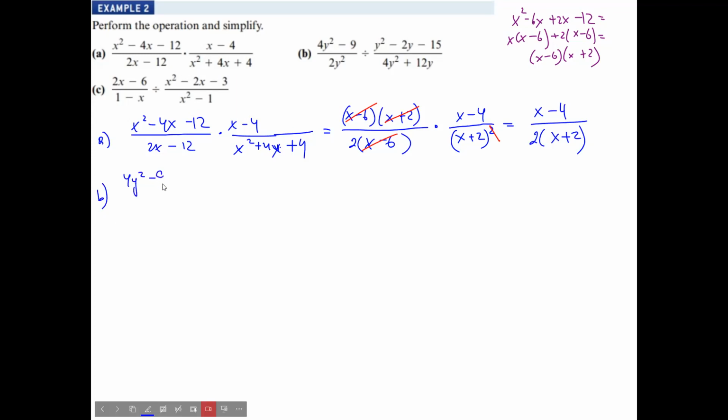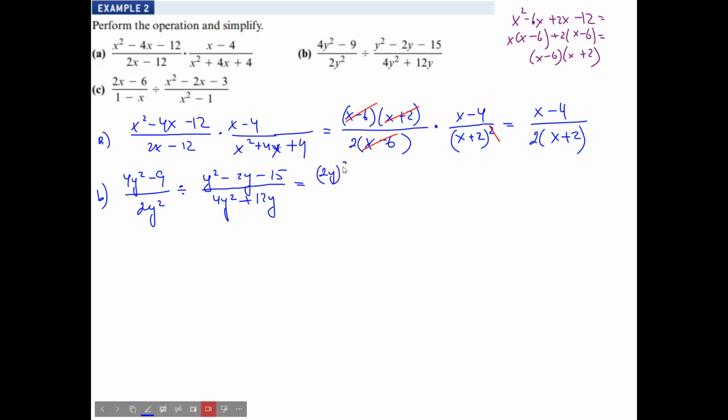4y squared minus 9 over 2y squared, divided by y squared minus 2y minus 15 over 4y squared plus 12y. So let's do this. Here we can say that it is (2y) squared minus 3 squared. Okay, let's do steps.